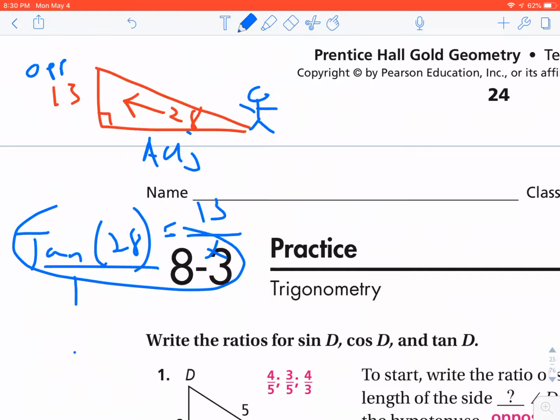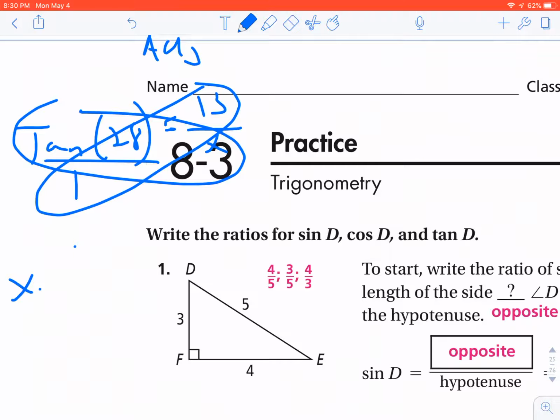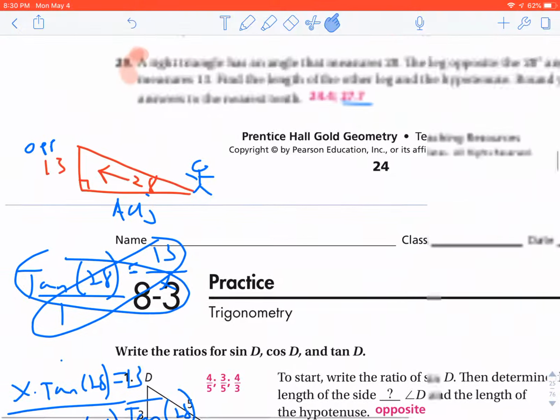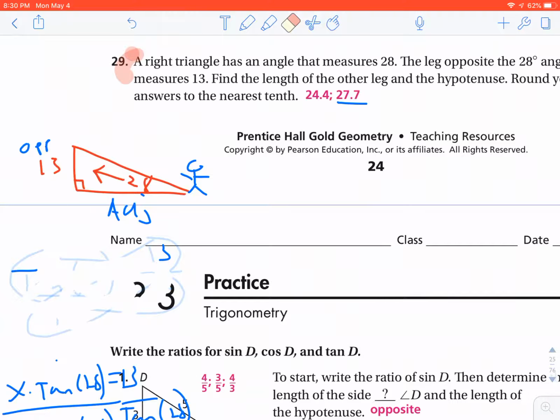You cross multiply again, and that would give you x times the tangent of 28 is equal to 13. Divide both sides by the tangent of 28, and that would give you 24.4.